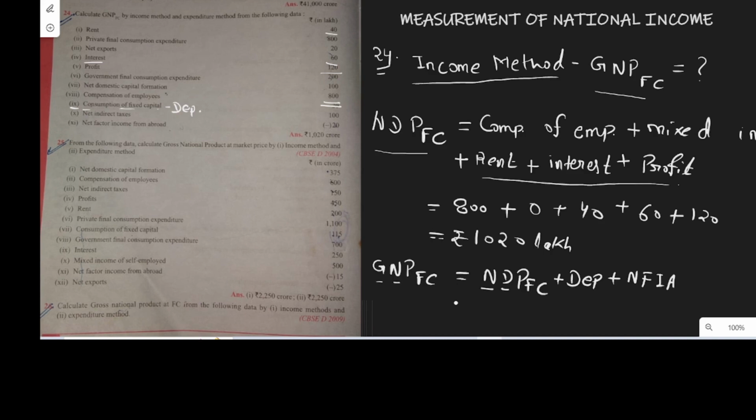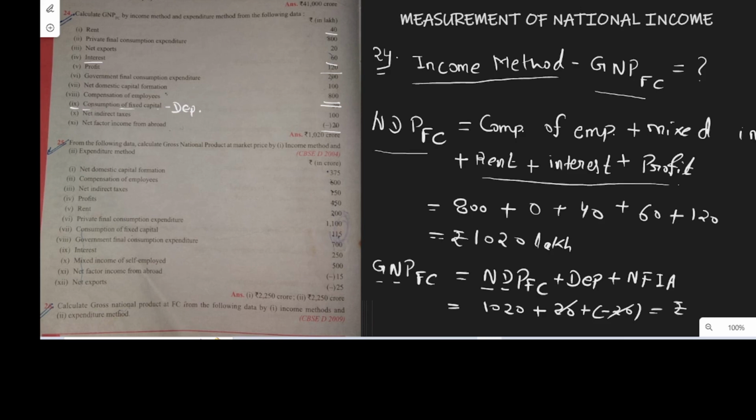NDPFC is 1020. Depreciation or consumption of fixed capital is 20, and net factor income from abroad is minus 20. So there is a plus sign, but it is actually a minus sign. So this plus 20 minus 20 will get cancelled.